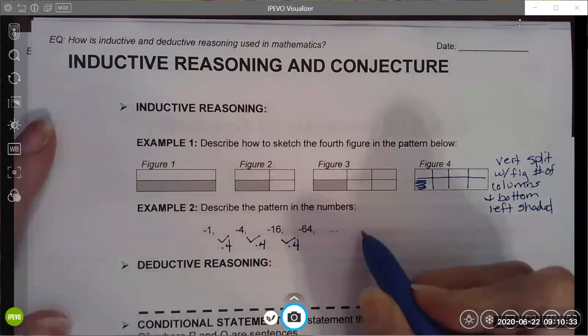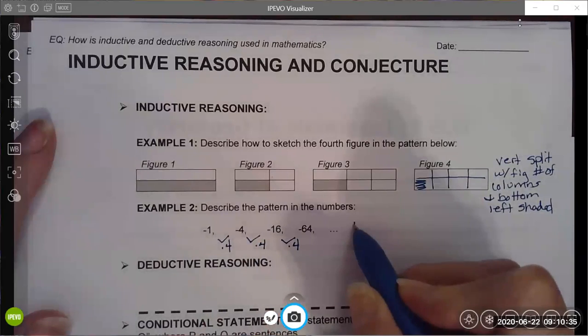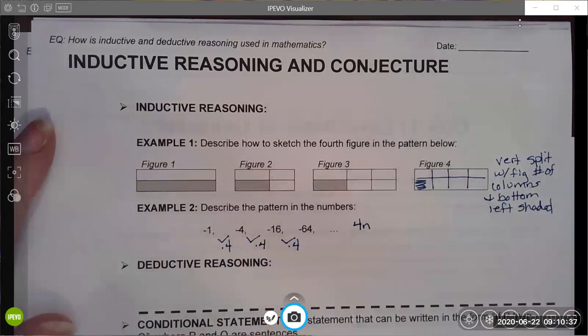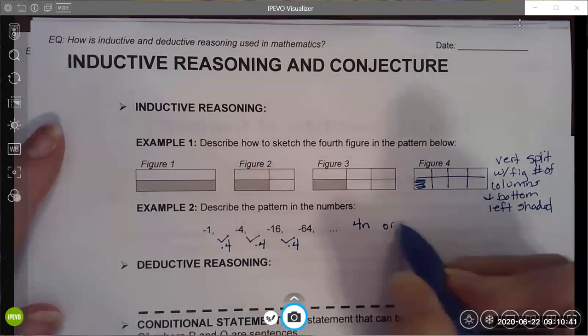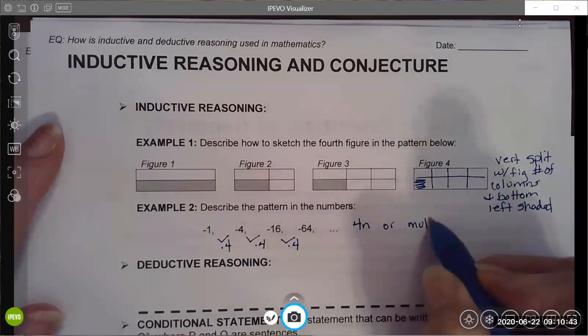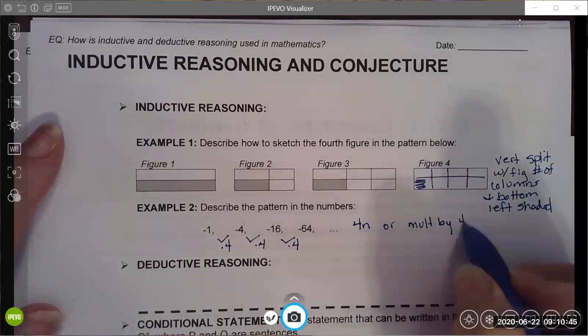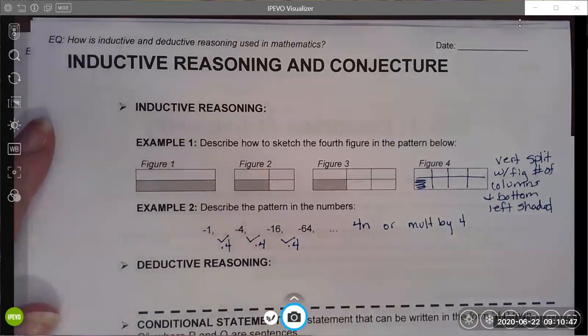So in the past, you might have seen this written as 4n, 4 times the figure number, or you could just write it as multiply by 4, however you particularly like to describe it. And both of those examples are using inductive reasoning.